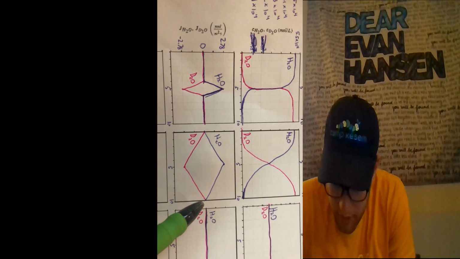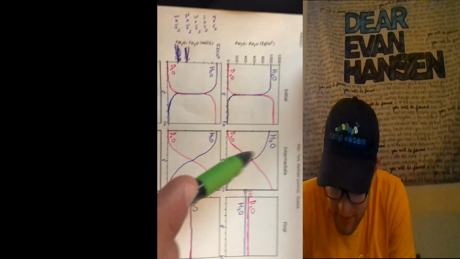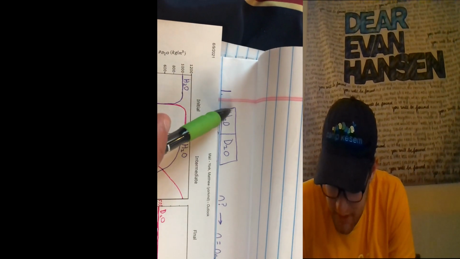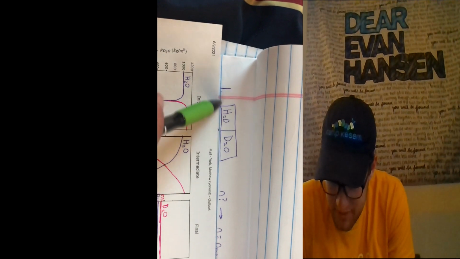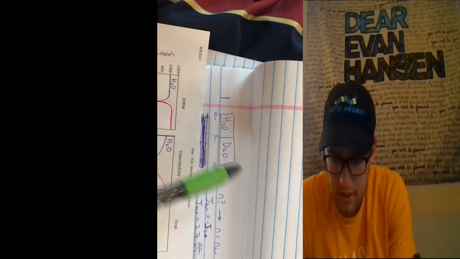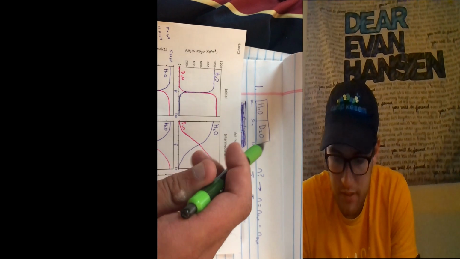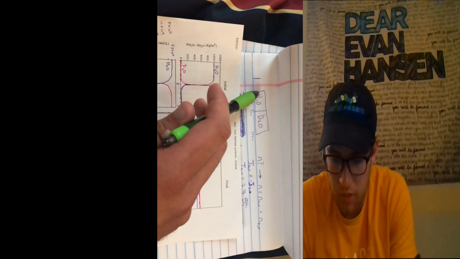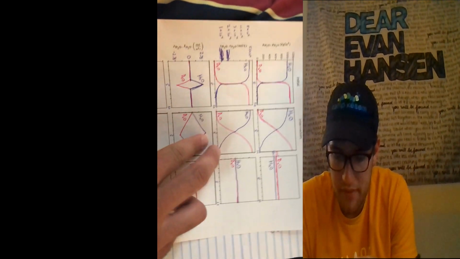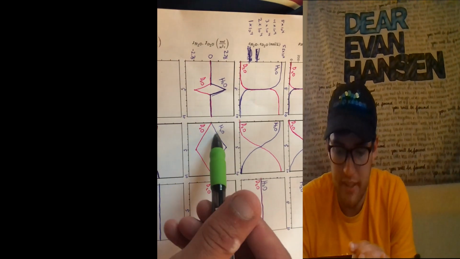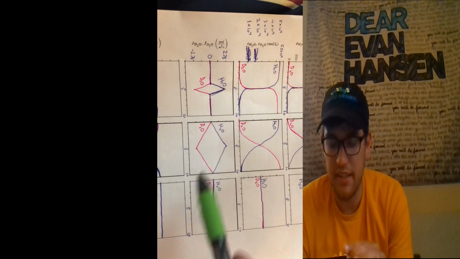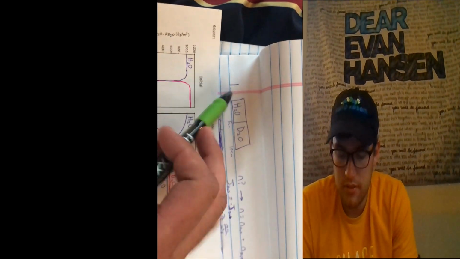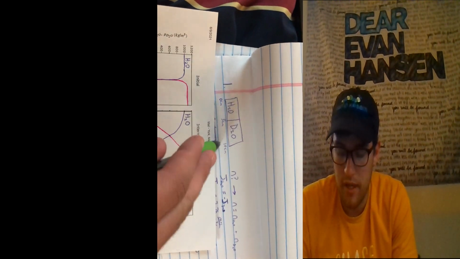So it will increase as it gets to the middle, and then decrease as it goes to the other outside, because there's not going to be much water diffusing right here. Same goes with deuterated water. There's not going to be much deuterated water here diffusing during the intermediate, so it's just going to increase and then decrease, but the exact opposite way.